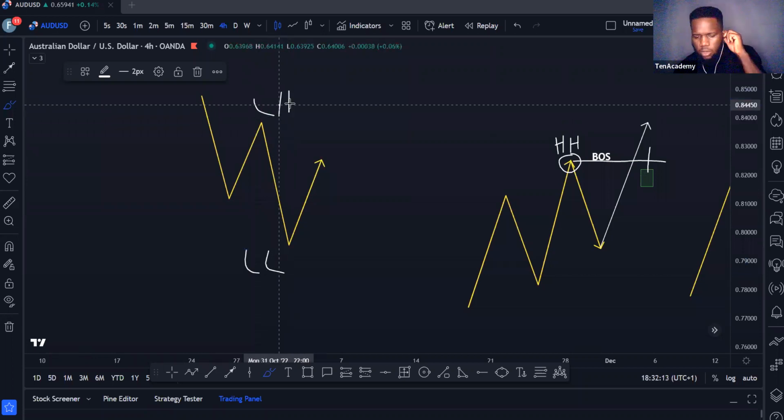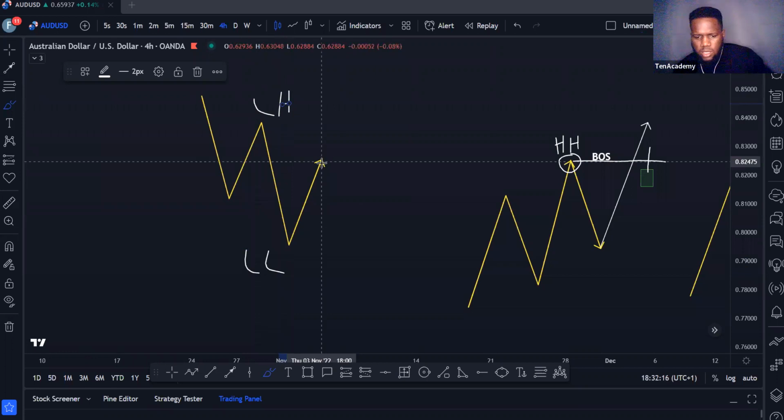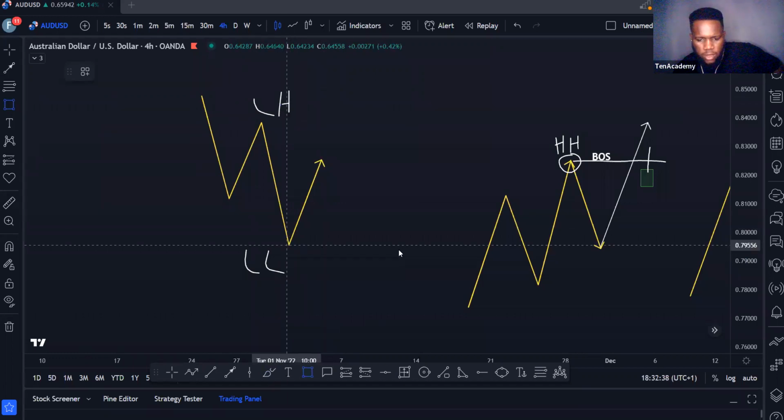Now, for price to create a new lower low, that means price wants to create new major structure. And for major structure to be created, there has to be a break of the previous structure, a break of structure. In this case, the break of structure has to be the break of this lower low right here.